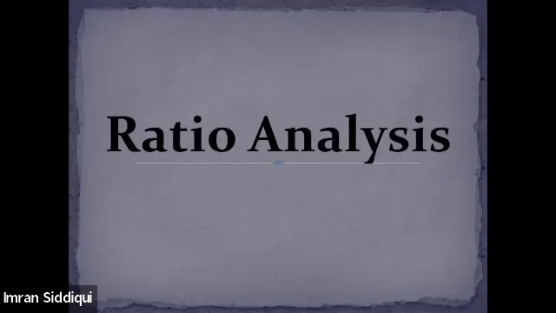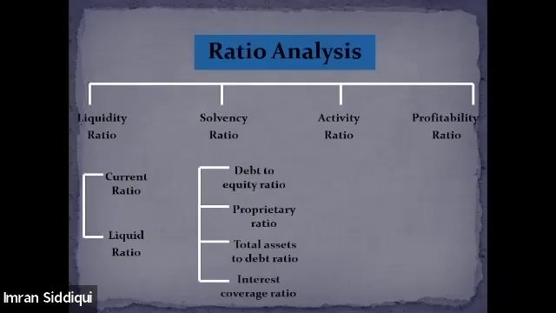In the previous class, we had started this topic, ratio analysis, wherein I told you that the ratios in the chapter can be broadly classified into four parts, which is liquidity ratio, solvency ratio, activity, and profitability ratio.